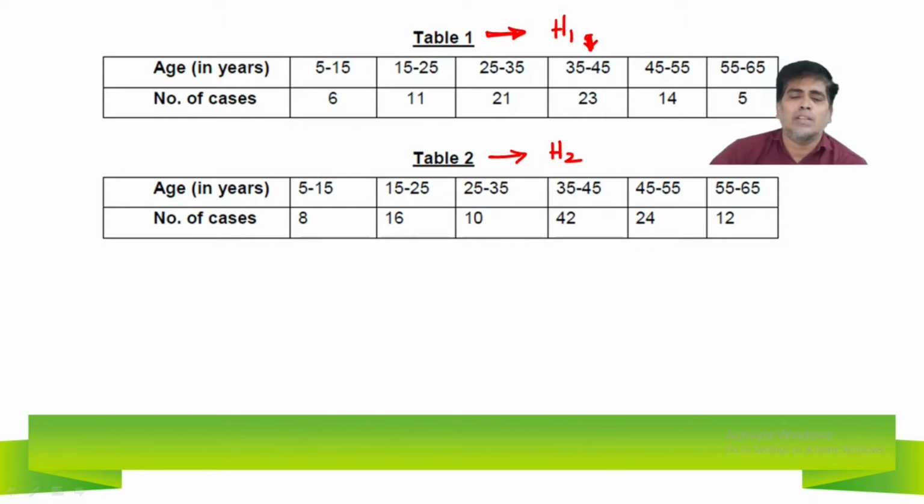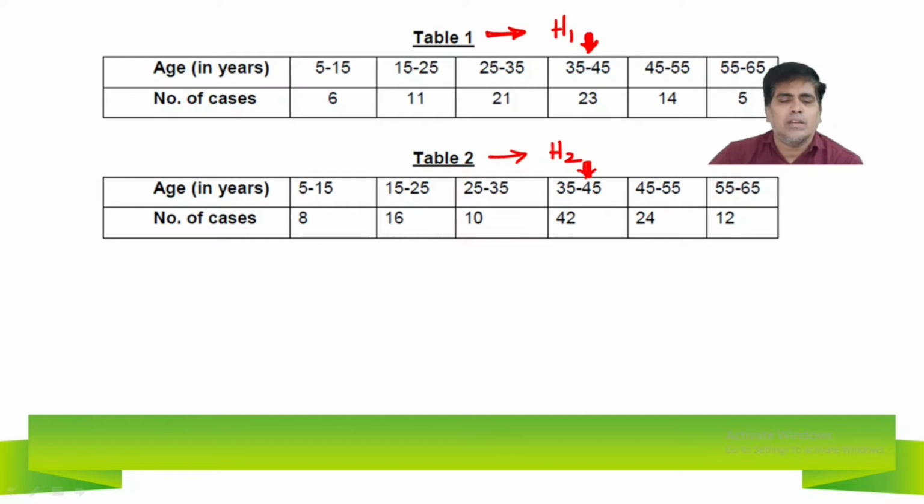So in hospital number 2, the maximum is 42 cases, again the same age group. In these hospitals, the age group of 35 to 45 is affected more. So in the second hospital also, the mode is in between 35 to 45. The modal class we can decide as 35 to 45.